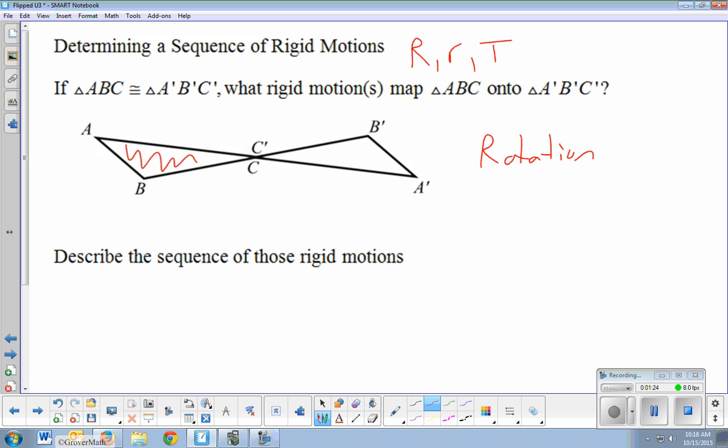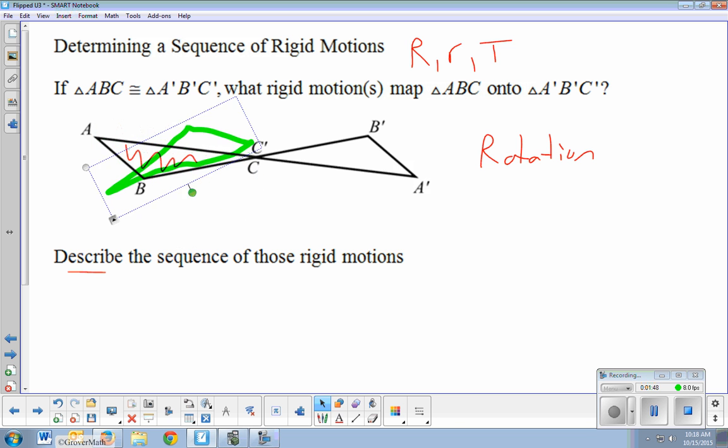Now, when they say describe, we can't just say rotate. You have to be very precise. When you are referring to a rotation, you have to say what point you're rotating about, because this triangle here, if I were just to highlight this for a second, you don't need to draw this yourself. Let me highlight triangle ABC. Pretty sloppy, but it'll do the point.